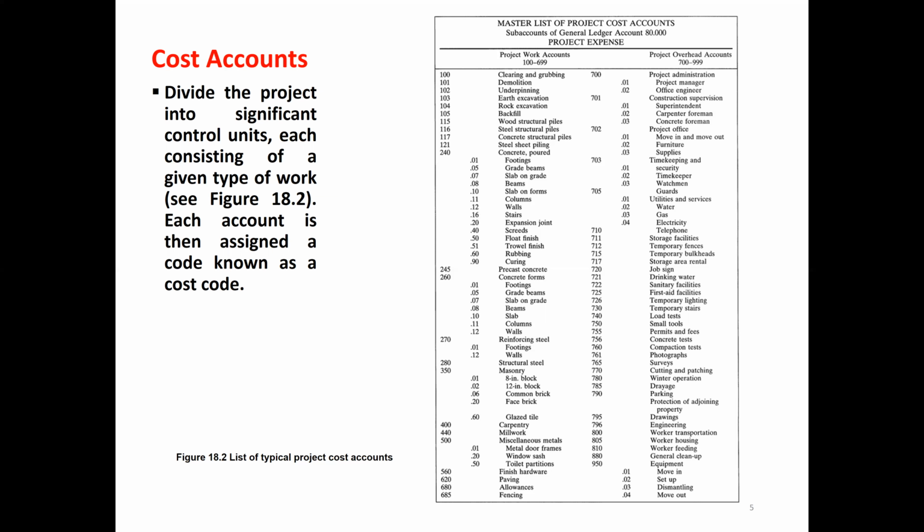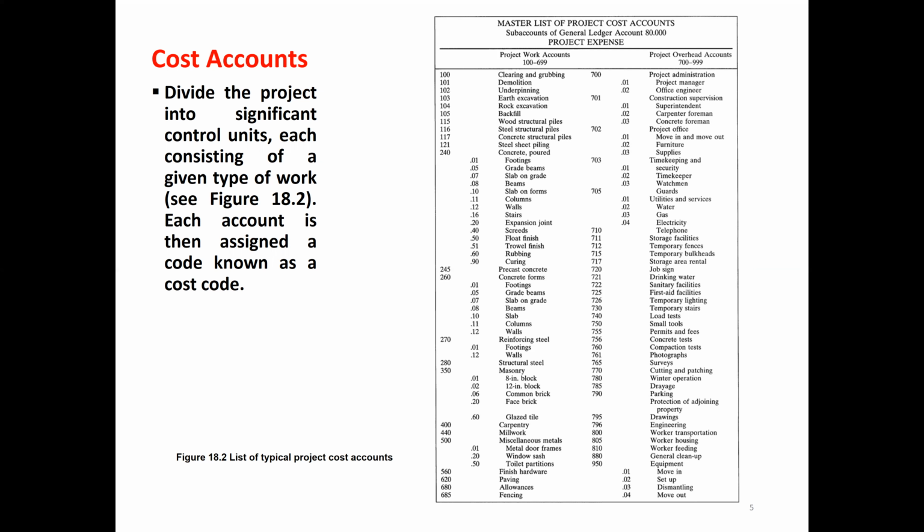And similarly, there are others, like 240, which has sub cost codes also. For example, footing is 240.01, grade beams 240.05.